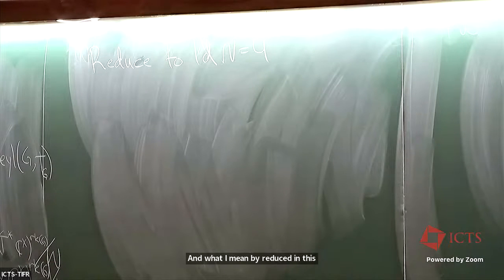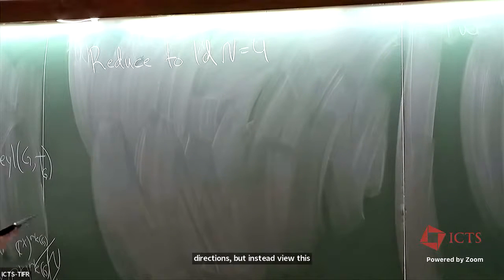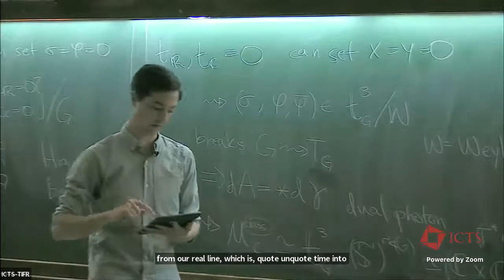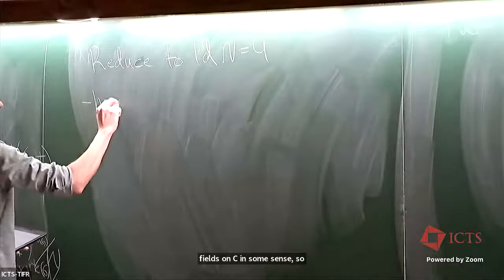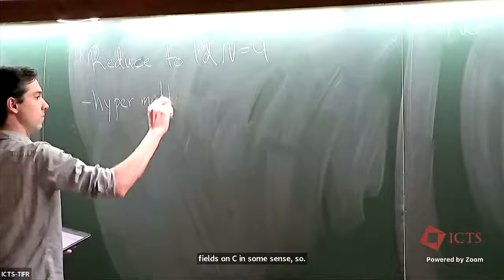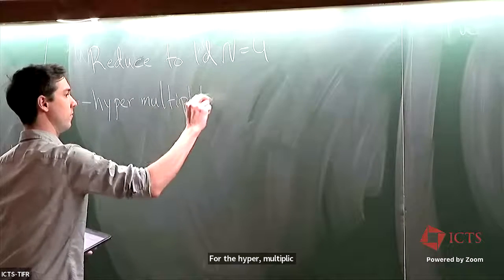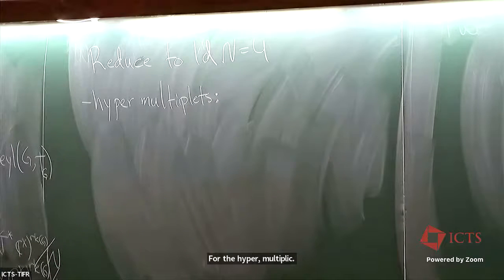And what I mean by reduce in this context is not to pretend my fields are independent of the other two directions, but instead to view this set of fields as maps from our real line, which is quote unquote time, into fields on C in some sense. So for the hypermultiplets, I'm going to be lazy here and only tell you how the scalar fields get reduced.